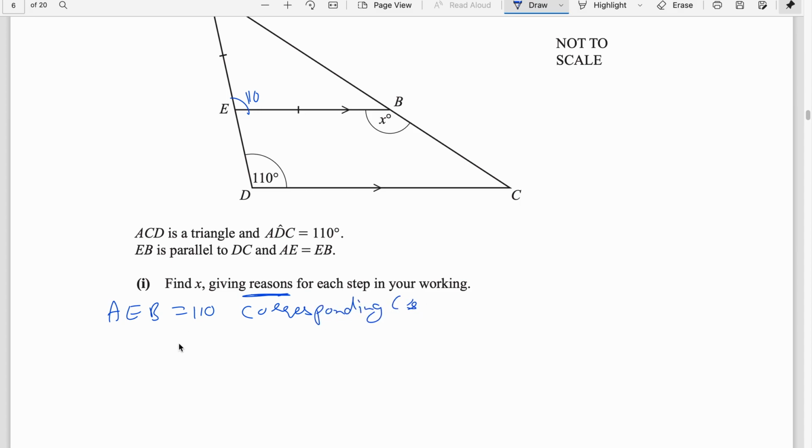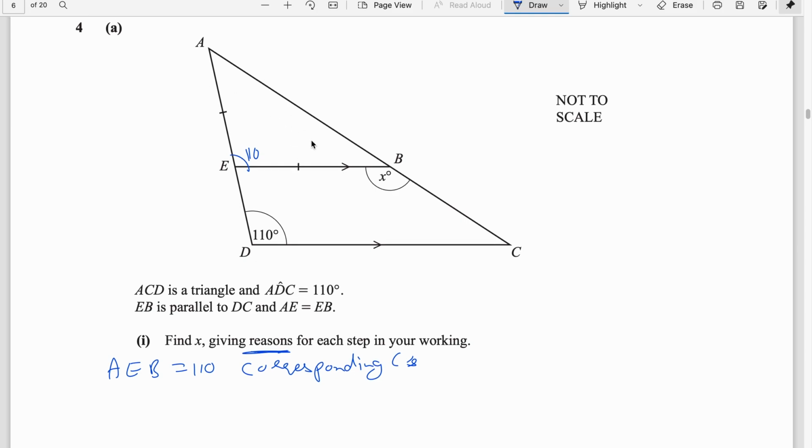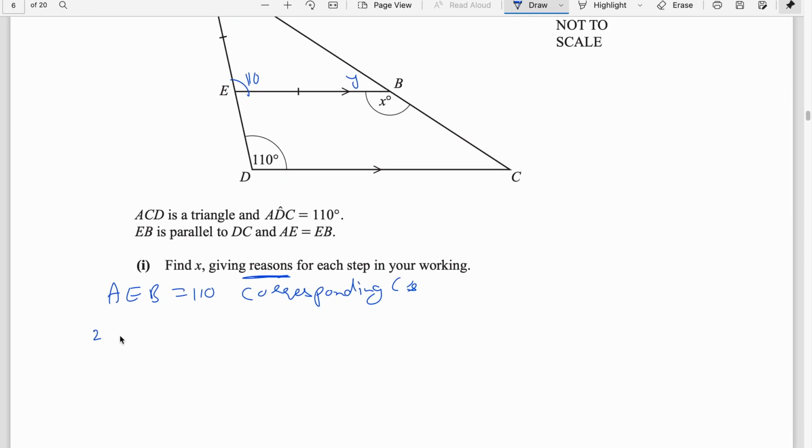Corresponding angles. Secondly, these are isosceles, so these two must be equal. So 2y plus 110 is equal to 180. Angle sum of triangle, and it is already given that they are isosceles. So 2y is equal to 180 minus 110 is 70. y is equal to 35. So this part is 35.